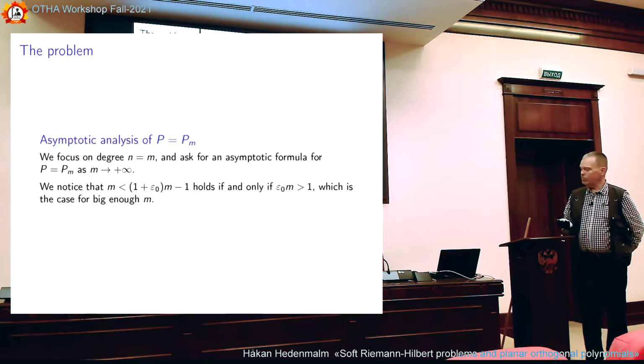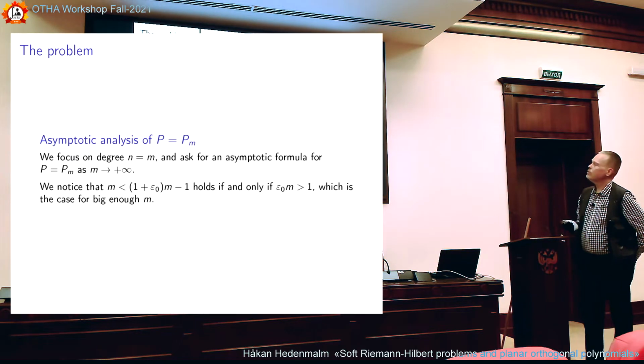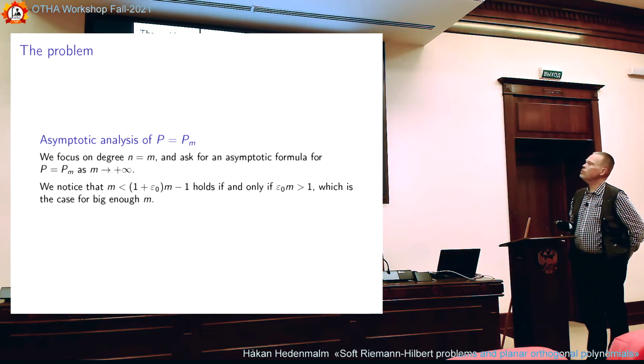Okay, and then the question is to find an asymptotic formula for the polynomial of degree m, because I said n should be m, so that's what we're looking at. We're looking at the behavior for very large m.